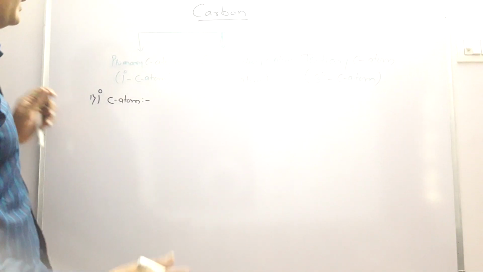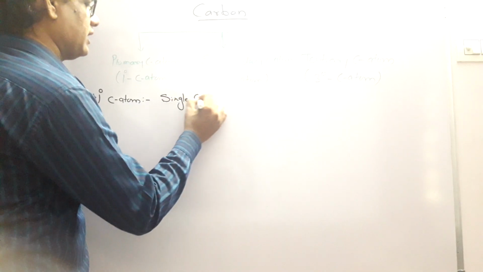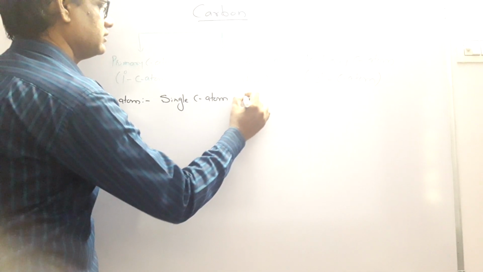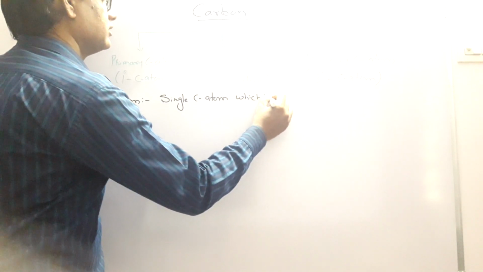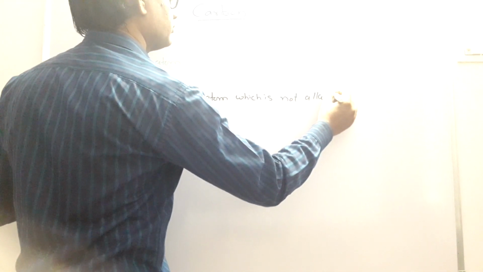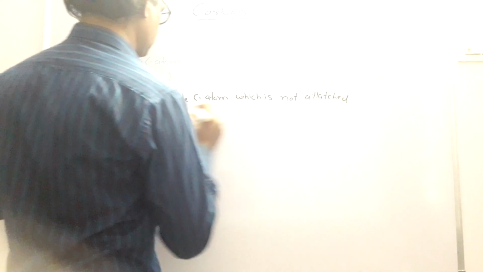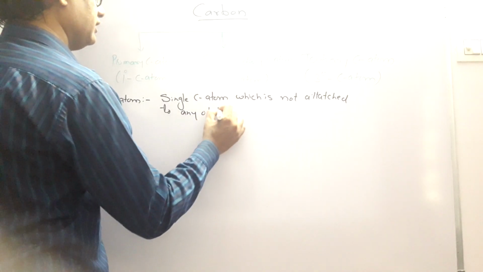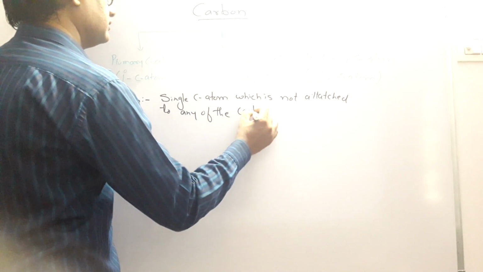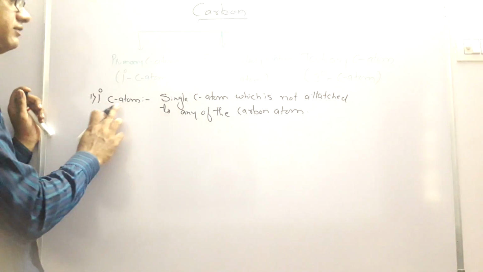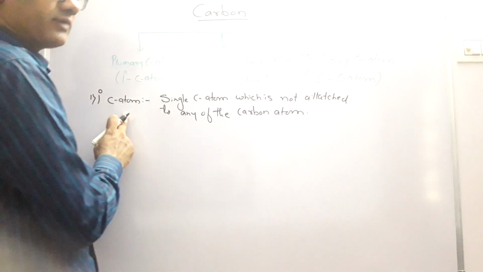Simply, when there is only a single carbon atom which is not attached to any other carbon atom, it is simply called a primary or 1 degree carbon atom.